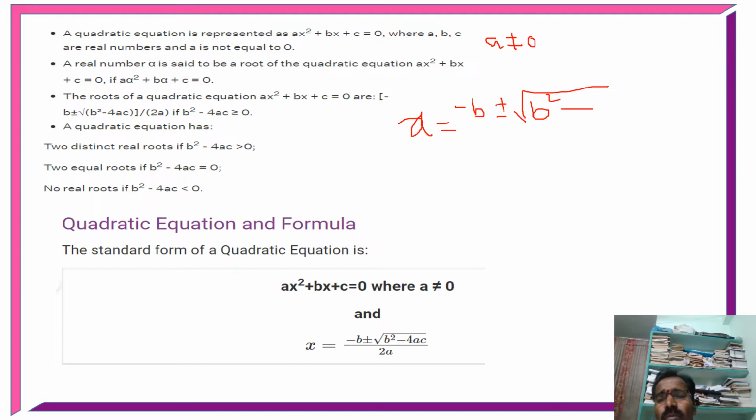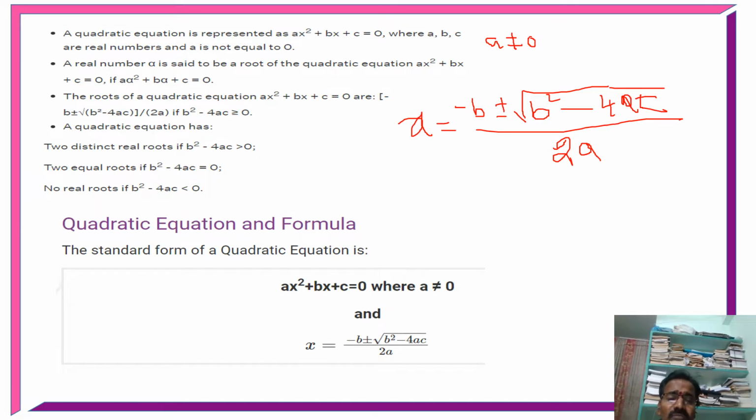We will learn about the nature of the roots. Where b square minus 4ac equal to 0, roots are real and equal. If b square minus 4ac is greater than 0, roots are real and unequal. That is why we can take only these two conditions.